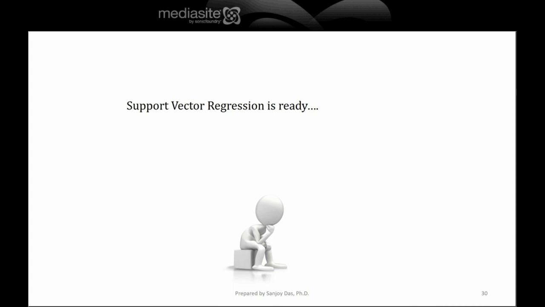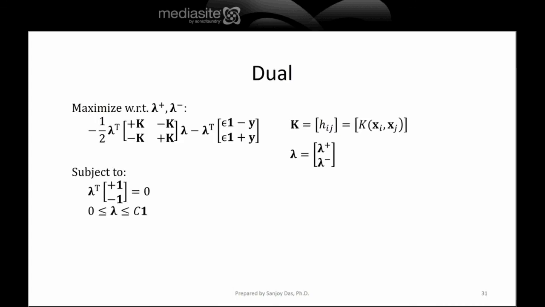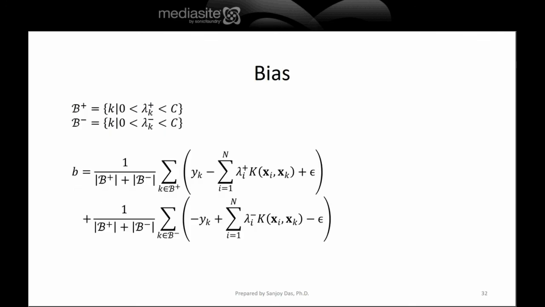Now our support vector regression is ready. So this is the dual, which we have already seen. This is the objective function that we want to maximize. This is our kernel, and these are our constraints. And remember that lambda is a vector that's twice the number of sample points. The bias will be obtained like this, and we have B plus and B minus, the two set of points.